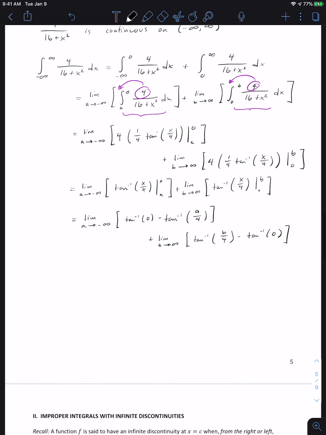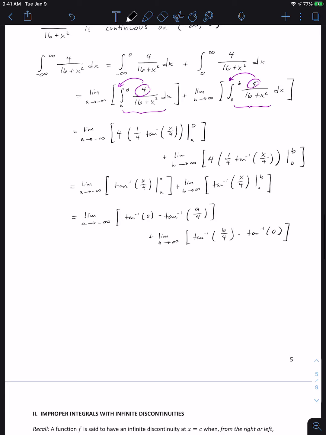Okay, so tangent inverse at 0 is just 0. This ends up becoming the limit as a goes to negative infinity of negative tangent inverse of a over 4, plus the limit as b goes to infinity of tangent inverse of b over 4.